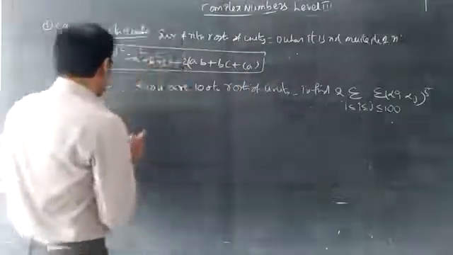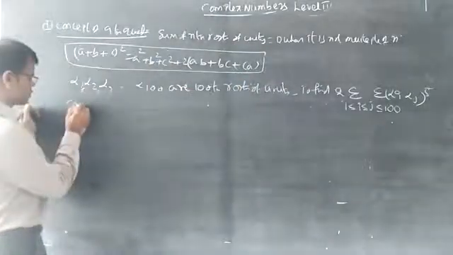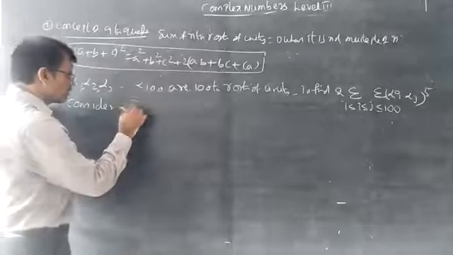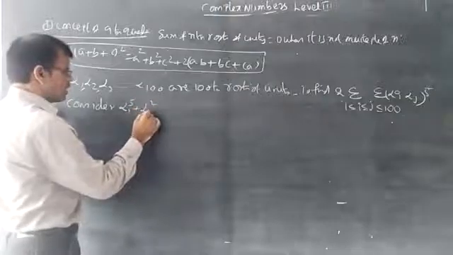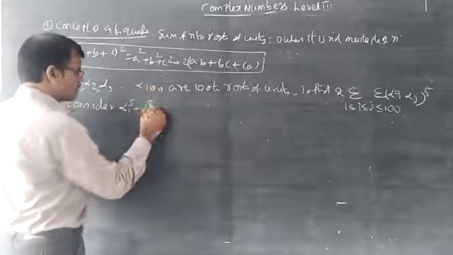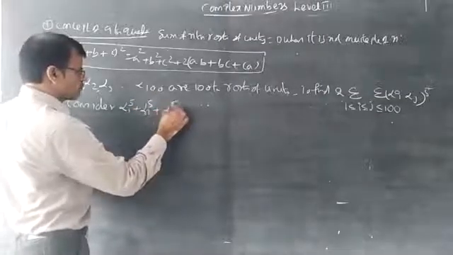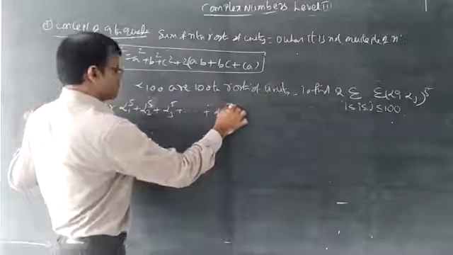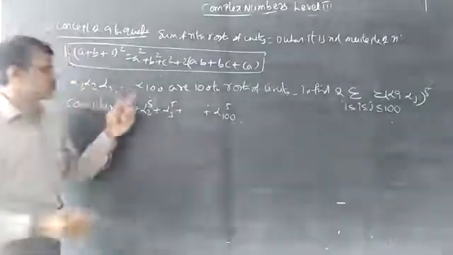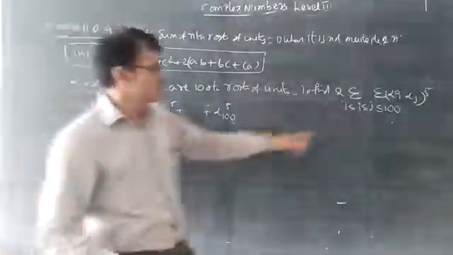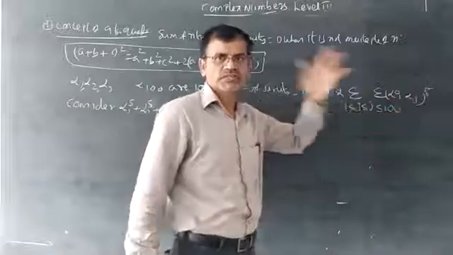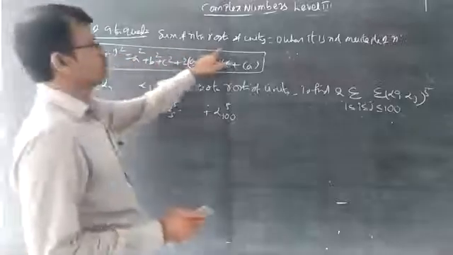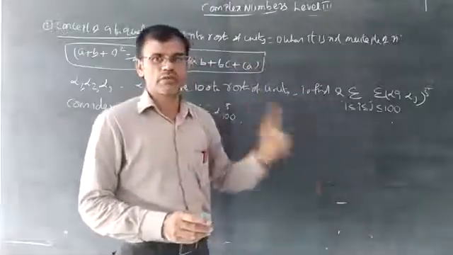Discuss now. Consider alpha 1 power 5 plus alpha 2 power 5 plus alpha 3 power 5 plus and so on alpha 100 power 5, because alpha 1, alpha 2, alpha 3, and so on alpha 100 are the roots. We need to get alpha i alpha j, just wait and see. What I said is the formula: sum of nth roots equals 0 if it is not a multiple of n.